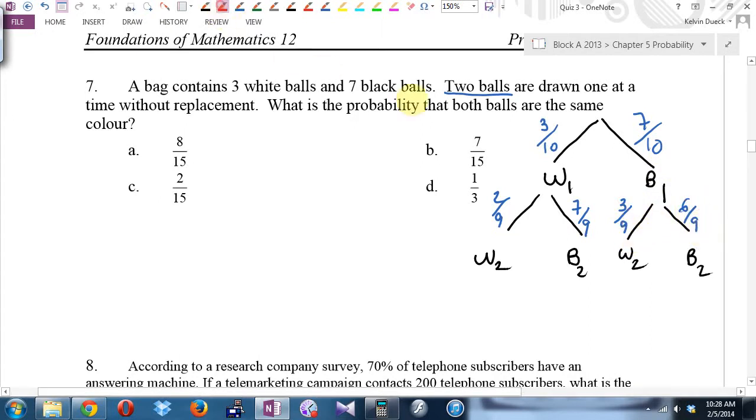This question wants both balls to be the same color. That's that branch or that branch. Or means add. 3 out of 10 and 2 out of 9, or 7 out of 10 and 6 out of 9.